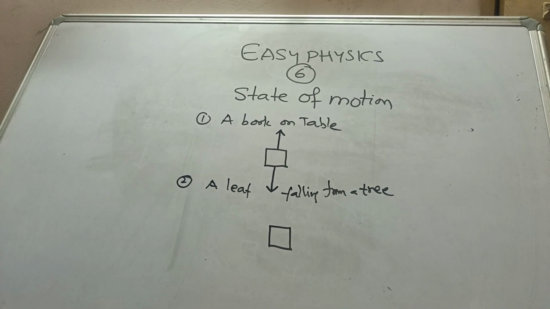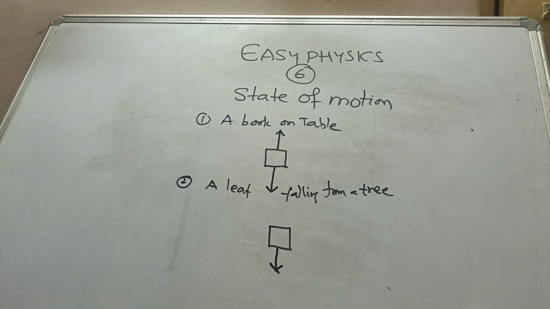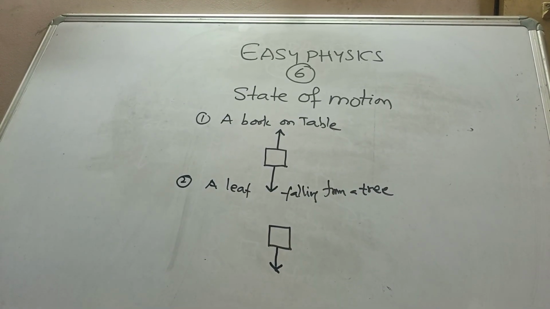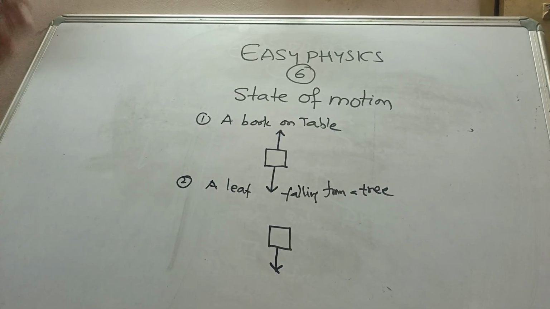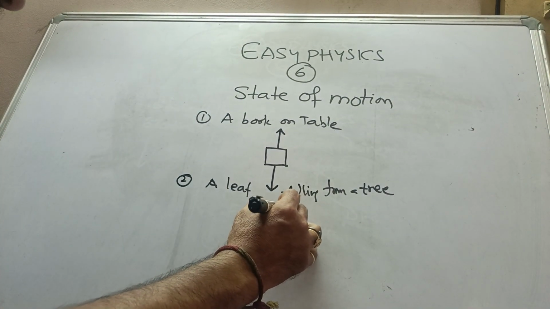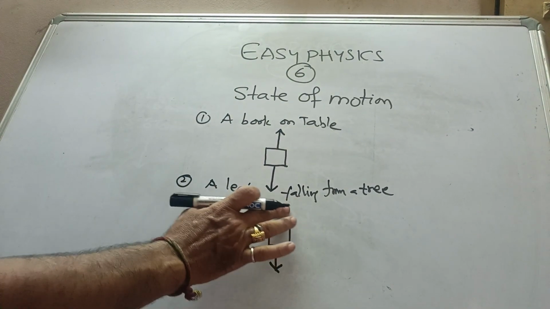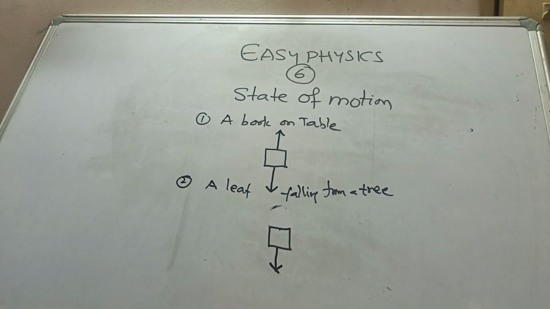Any buoyancy force which works on the leaf may be negligible, and the leaf will fall down as it is attracted by the gravitational force. Hence, we can represent it with this arrow mark. If there is any force of air working against the leaf, and if the leaf is floating in the air, then you can represent it with a force against it. But normally the gravitational force is larger than these forces, hence the leaf will fall down. So that is the reason we represent it like this.